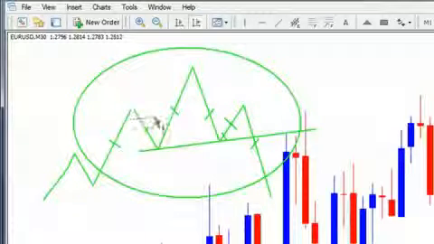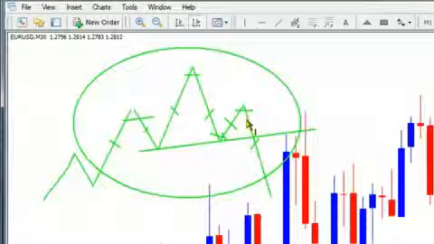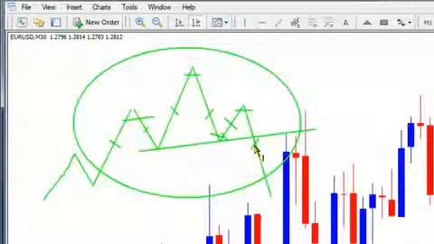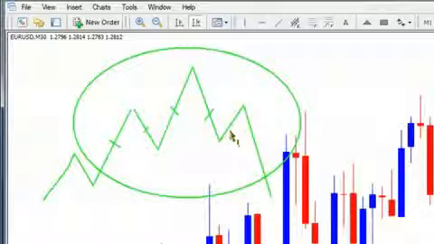This is our left shoulder, our left neckline, our head, right neckline, right shoulder, and they will tell you to capture this trade after it breaks through the neckline, because that's the confirmation that we're in a downward trend. Okay, I don't believe in trading it that way.